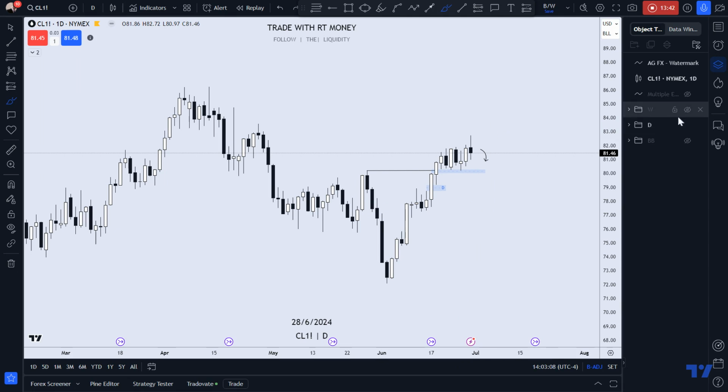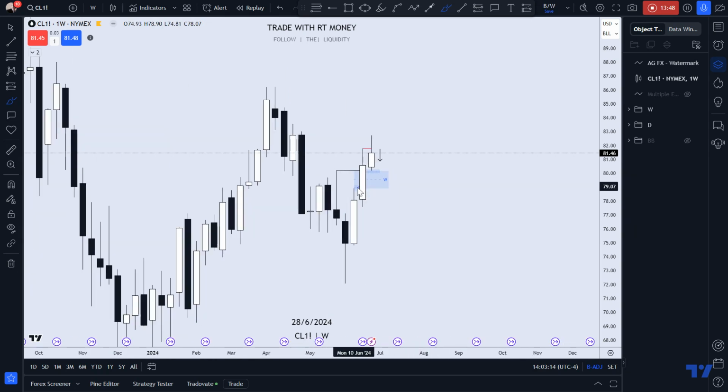All right. If we just take one quick look at the weekly, you can see there's a bullish fair value gap here. You have the swing high going through, and we close below the range, close back within the range of the previous candle.